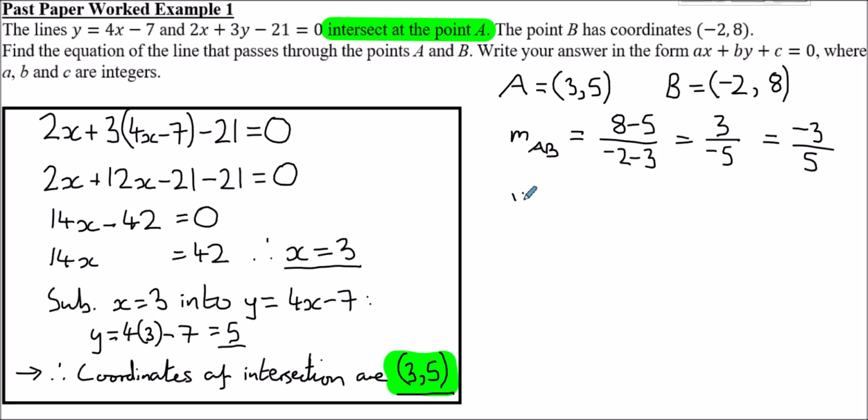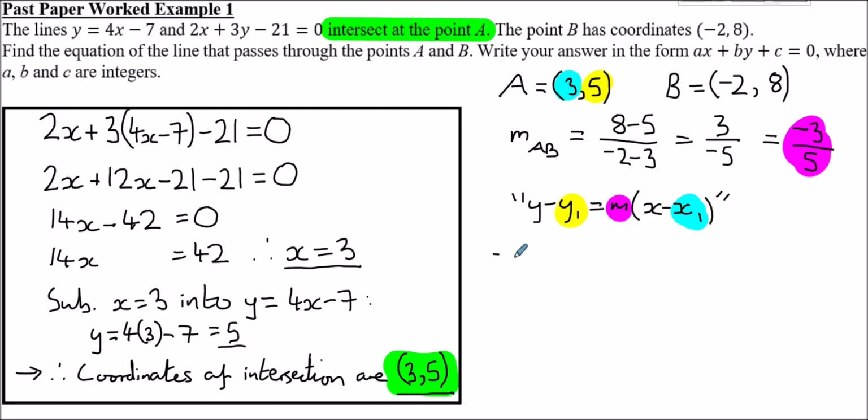Let's use y minus y1 equals m brackets x minus x1, just to get more familiar with this new type of equation of a straight line. And so we're going to use A. So let's say our known y-coordinate is 5, our known x-coordinate is 3, and the gradient, which we've just worked out, m, is minus 3 fifths.